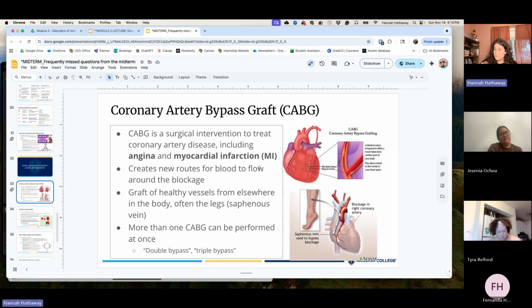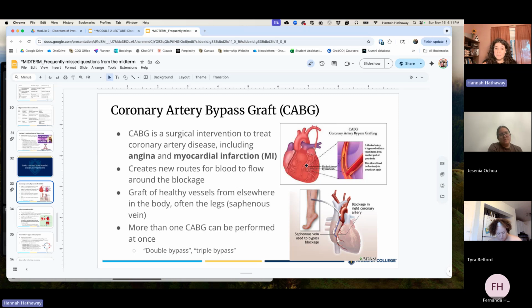If you imagine there's a blockage in a coronary artery caused by an atherosclerotic plaque, the gunk that forms in the arteries, a bypass is essentially taking a different vessel and surgically attaching it around that blockage. So the blockage is still there, but now there's another avenue for the blood to go that doesn't have a blockage. It's a detour that goes around the problem.